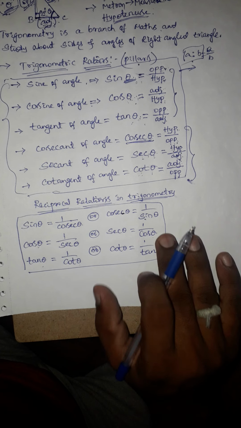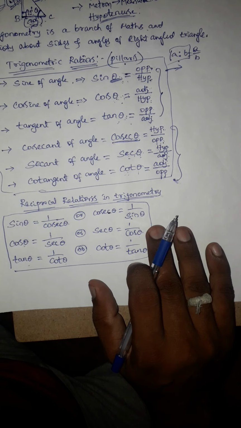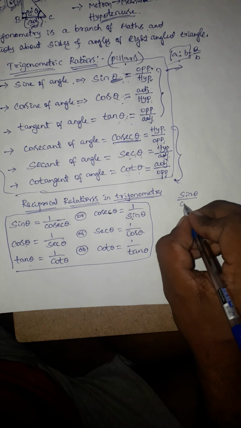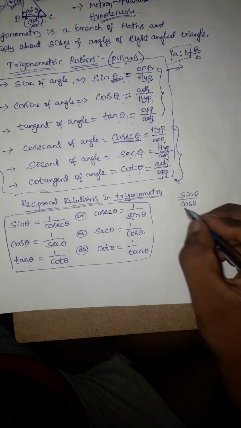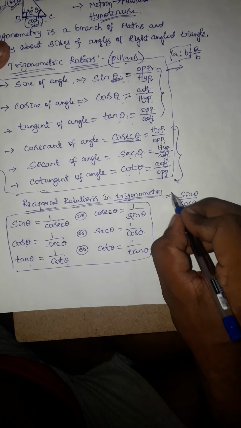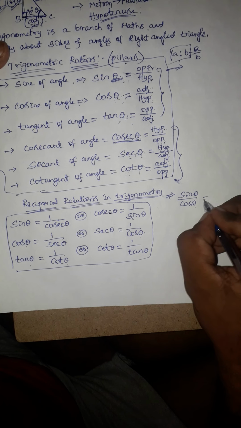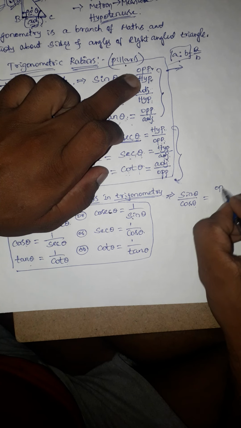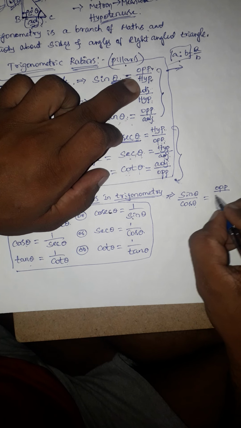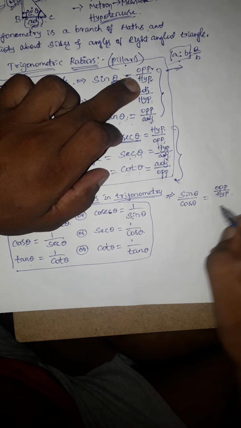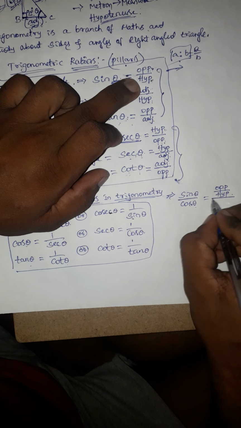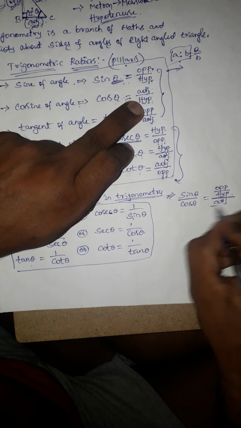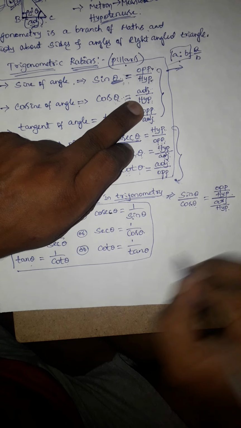Observe, I consider sine theta divided by cos theta. What is the sine theta ratio? Opposite side divided by hypotenuse side. Whole over cos theta, which is adjacent divided by hypotenuse.